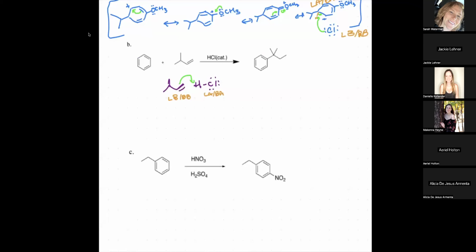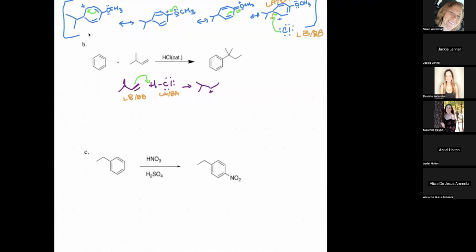Okay, so then what we have is this 1, 2, and then because remember, our carbocation is not going to go on the end, right? We're not going to have it on a primary, but is this the most stable carbocation? Or could it go somewhere else? What do you guys think?